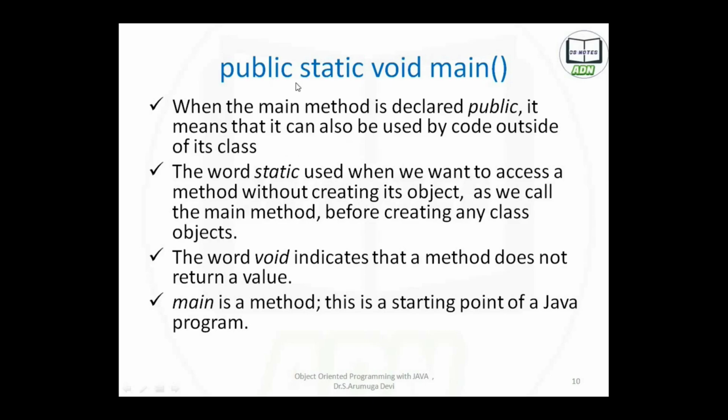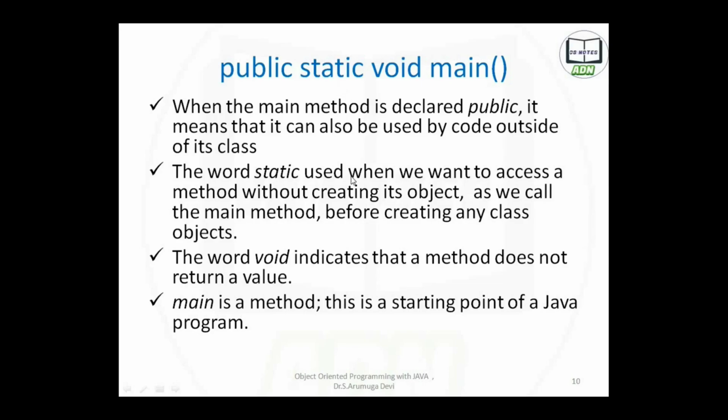Why do we declare public static void? The word public means it can be accessed from outside its class, so you should declare main as public.